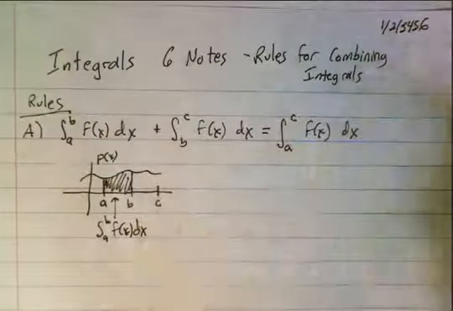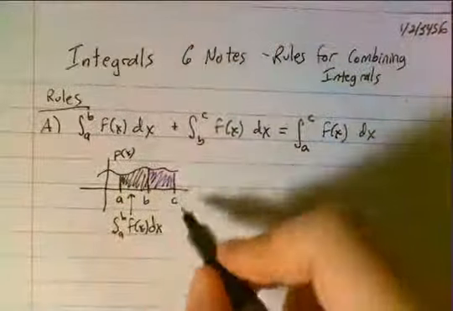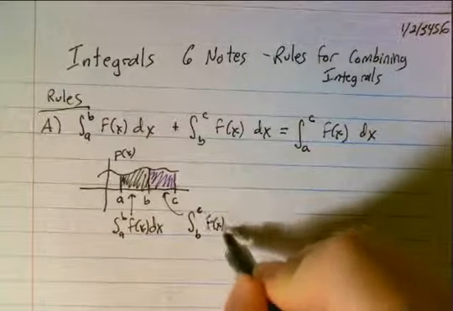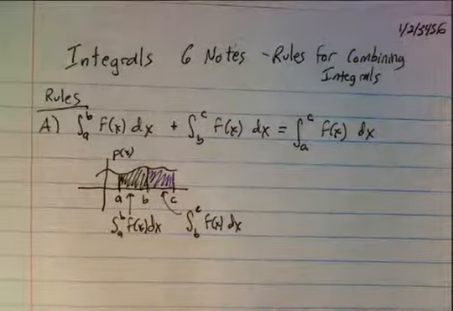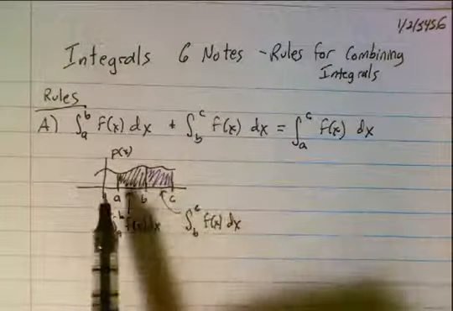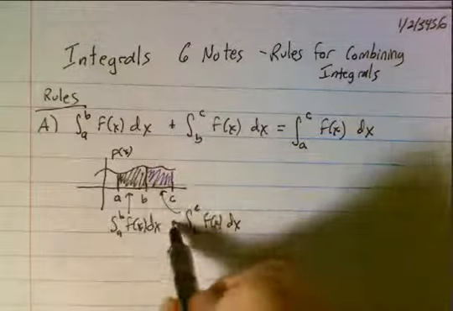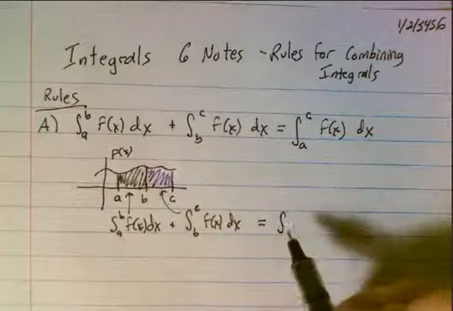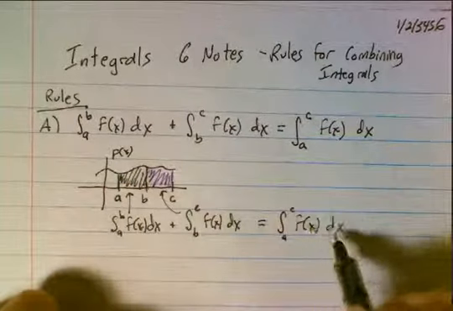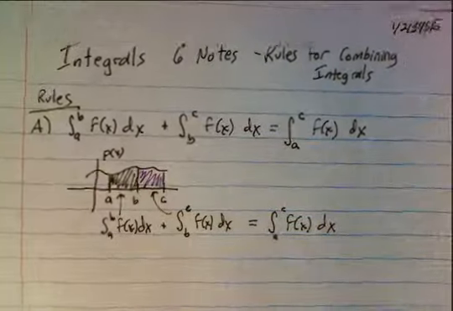And this one right here, that's the integral from b to c of f of x dx. And since the two areas touch, together the area goes all the way from a to c. So if we add these up, that gives us the area under the curve all the way from a to c of f of x dx. There's no gap in between, so basically we can just smush them together.